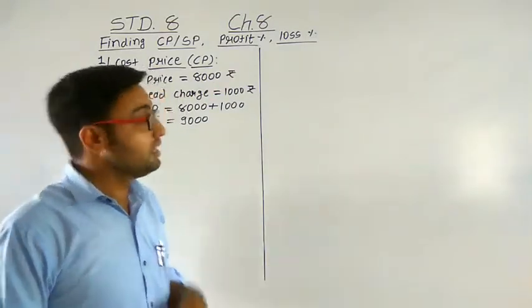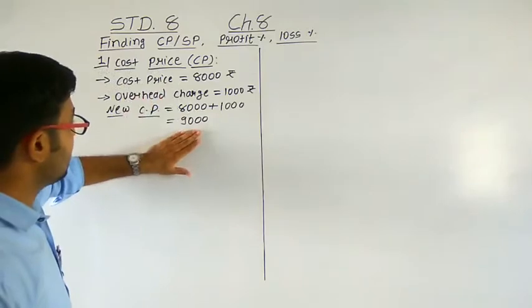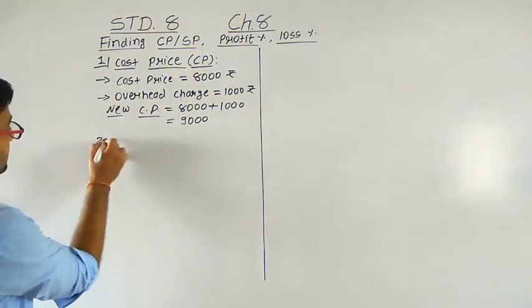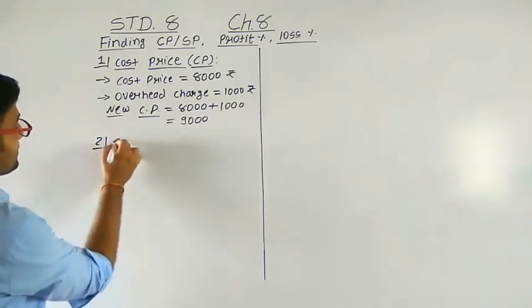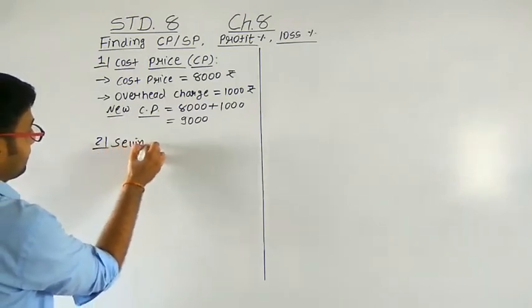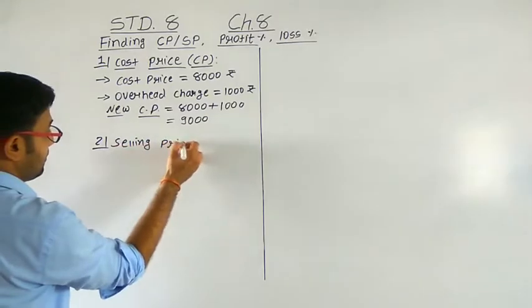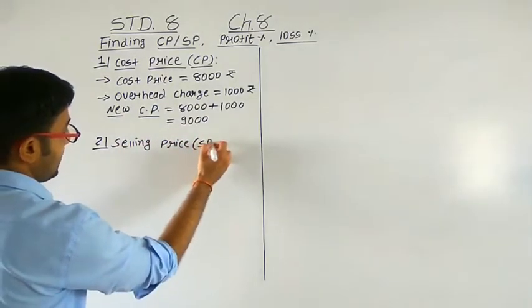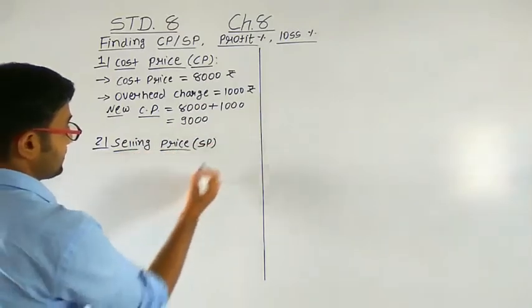Now suppose you want to sell this TV. That price is called the selling price. In short, we can write it as SP. Selling price.